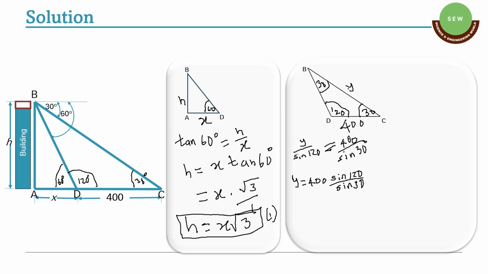Sine 120 is the same as sine 60. In another video, I showed the link between angles that are greater than 90 degrees. So in this case, we can now say that y is equal to 400 times sine of 60 over sine of 30.